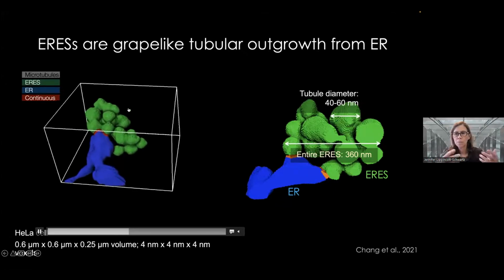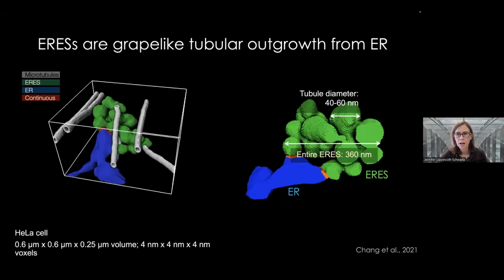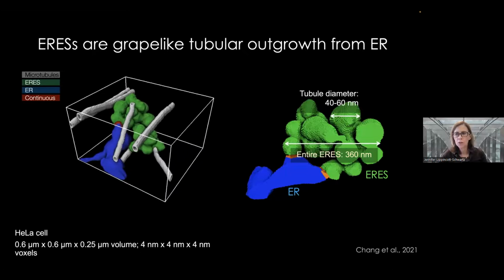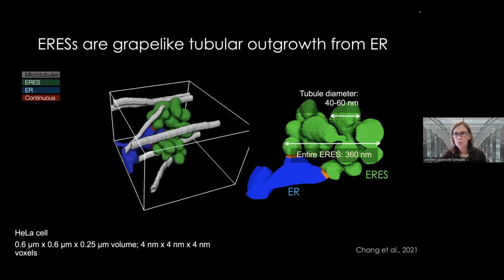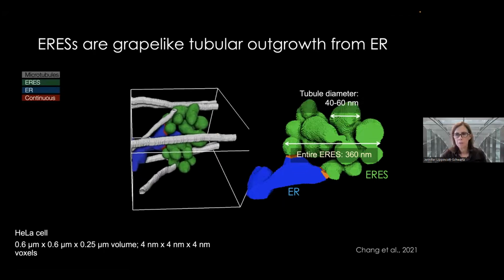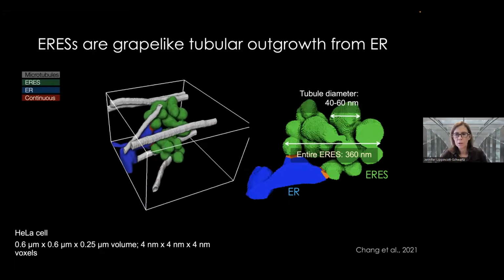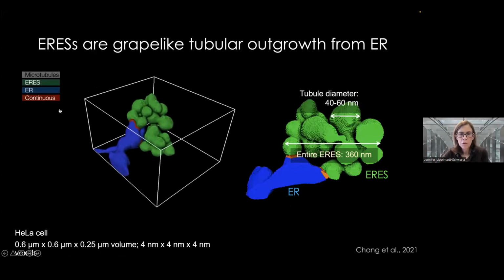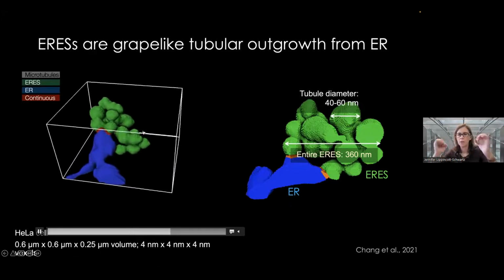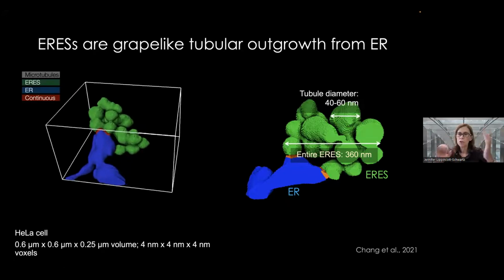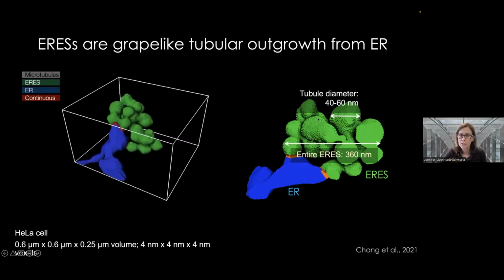It's sort of like a grape-like cluster of membranes that the COP2 signal was homing onto. So this is a COP2 site, positive for COP2. You can see microtubules running parallel or in nearby regions to this ER exit site.